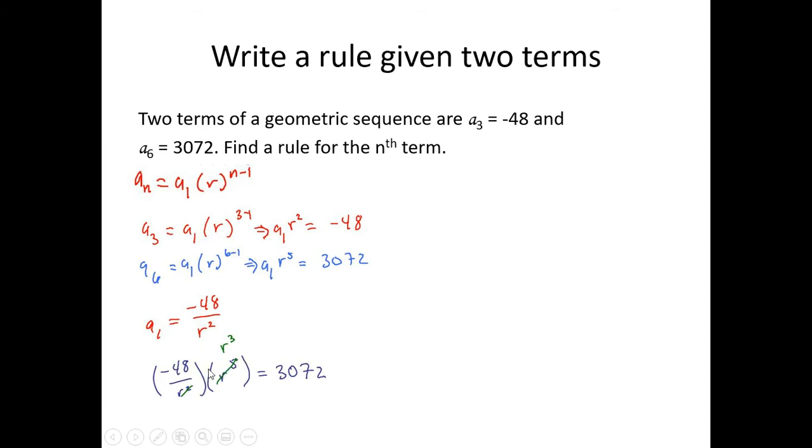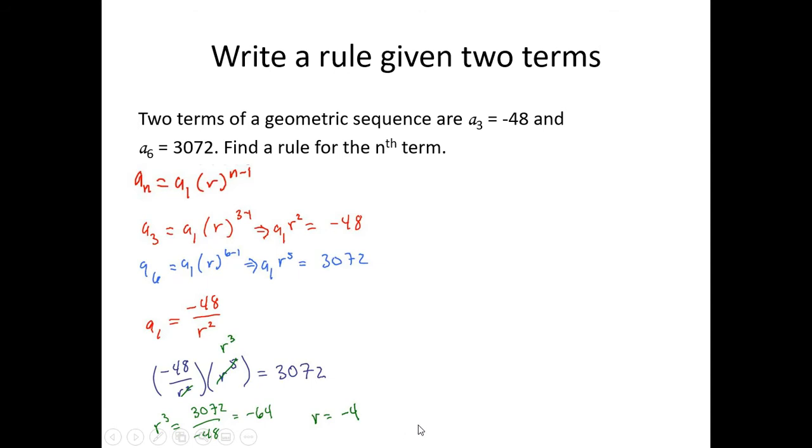I can reduce that to negative 48 r cubed is equal to 3072, or r cubed is 3072 divided by negative 48, which is negative 64. And that tells me that r is equal to negative 4.